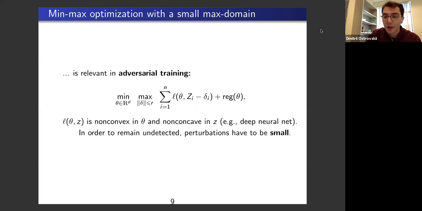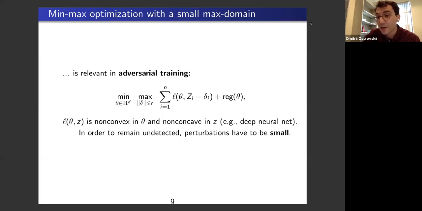And the perturbations will be small usually by design, right? Because if the perturbations are large, essentially we will be able to eliminate them as outliers. They will be visible. The whole point about adversarial robustness is that the perturbations cannot be too big, otherwise you will just detect them.